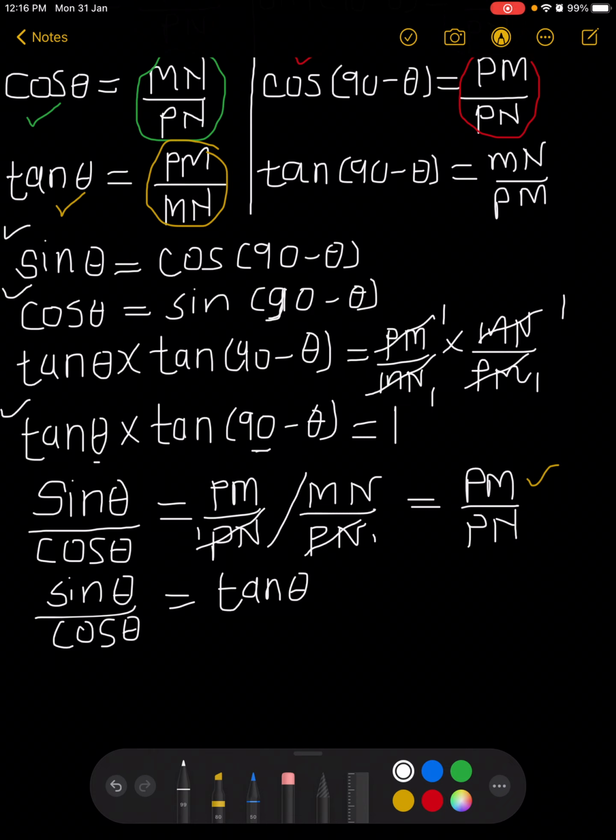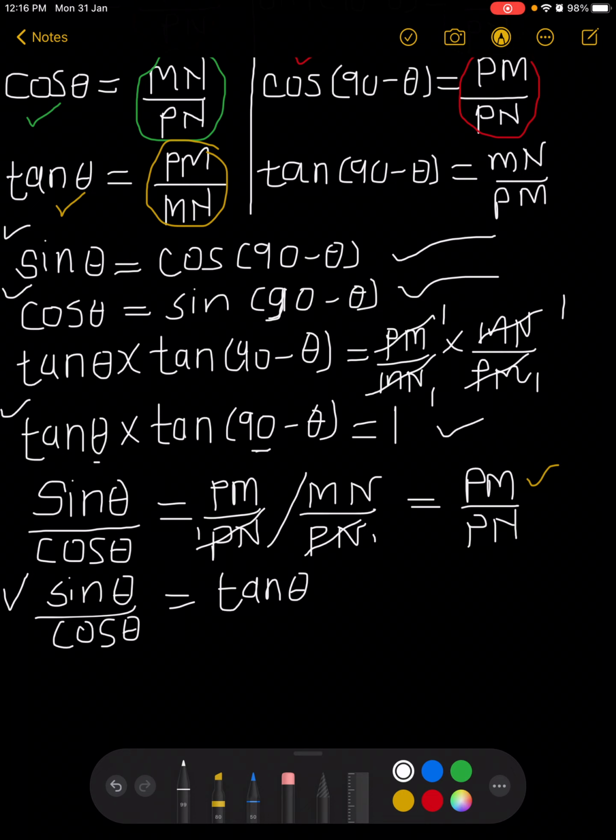So there are four formulas in this video presented in front of you. Formula number 1 gives the relation between sine and cos, that is sine theta is equal to cos 90 minus theta. The second one is cos theta is equal to sine 90 minus theta.